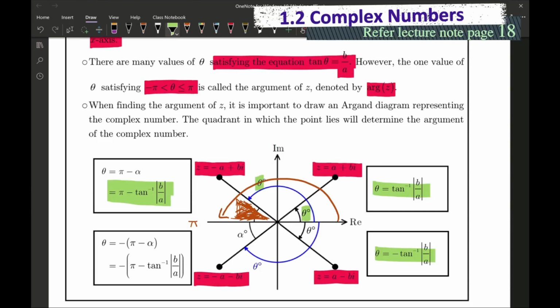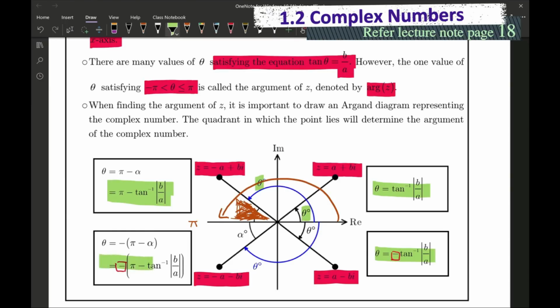Then the way to find the angle is just like for the first quadrant, but the difference is we put a minus sign in front of the angle. The same goes for the third quadrant: the way to find the angle is just like for the second quadrant, except that we put a minus in front of the angle.